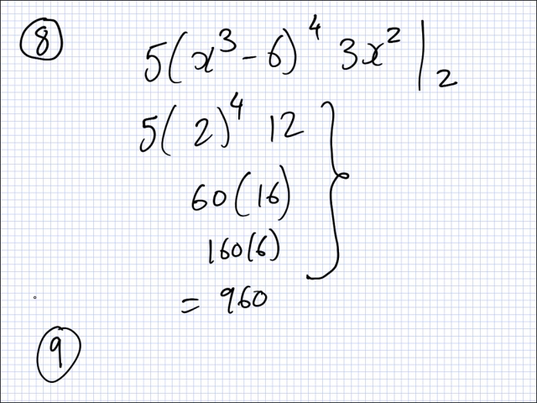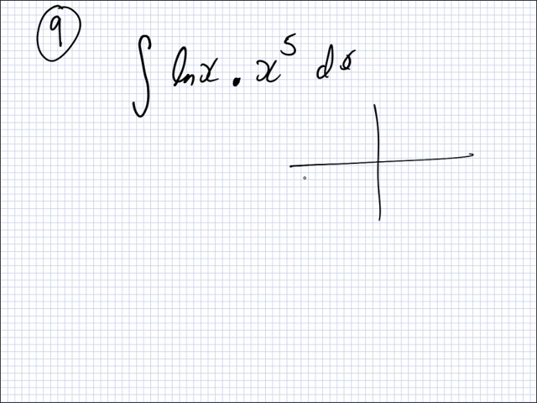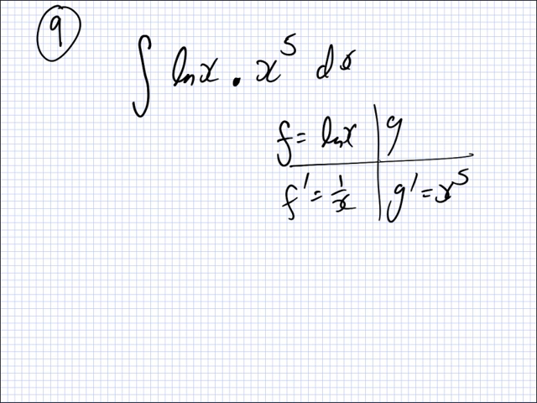Scroll down. Integrate log x times x power 5 dx. So f is log x, f derivative is 1 over x, g derivative is x power 5, and g is 1/6 x power 6.